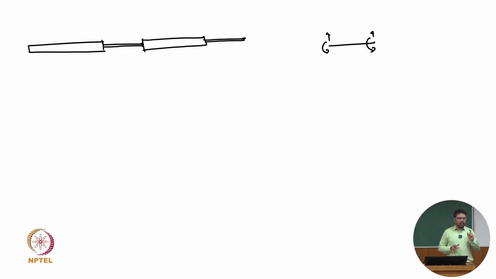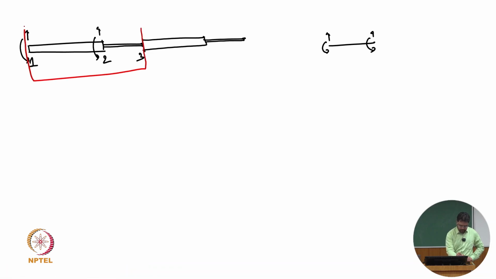Now just let me draw the degrees of freedom. So this is node 1, node 2, node 3. That is my unit cell. This is my unit cell. Agreed?